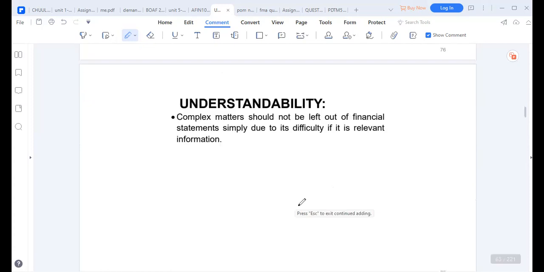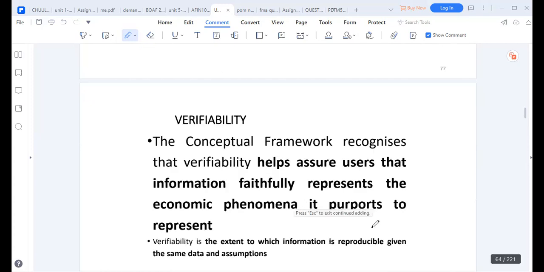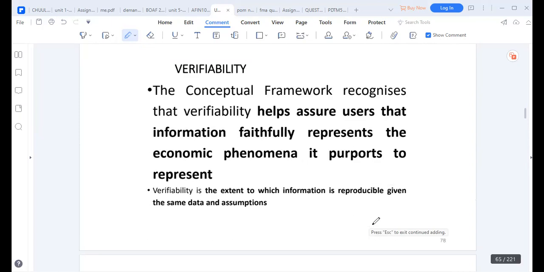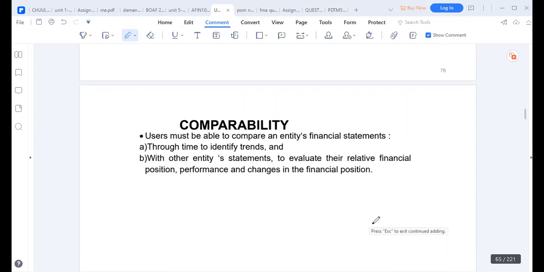It must be verifiable, meaning it must help the user to fully and faithfully represent the true value. It must be verifiable to the extent that you can produce evidence and data that will support your presentation. It must be comparable. With time, you need to give a trend to say we are doing fine or we're not doing fine. So it must have a comparability aspect through time so that we are able to evaluate our performance in terms of growth.